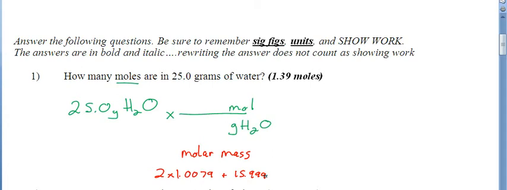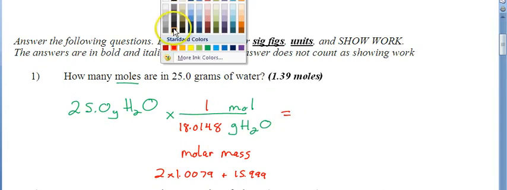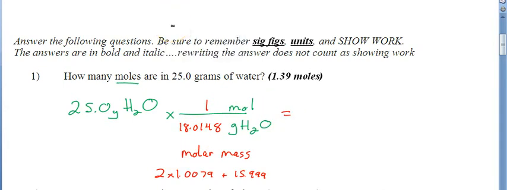Add these up and you get 18.0148, 1 mole. And so if I were to have 1 mole of water molecules, it would weigh 18.0148 grams. So that's that true mathematical statement, just like saying 1 foot is 12 inches or 1 yard is 3 feet.